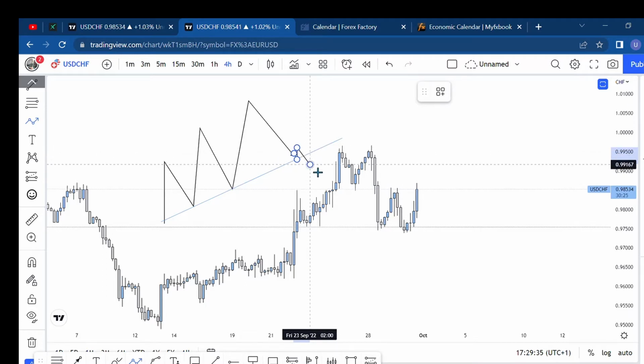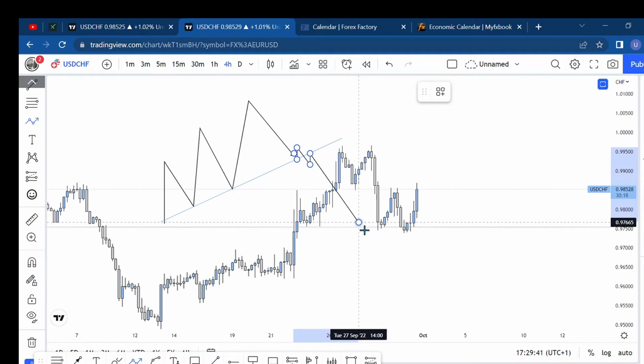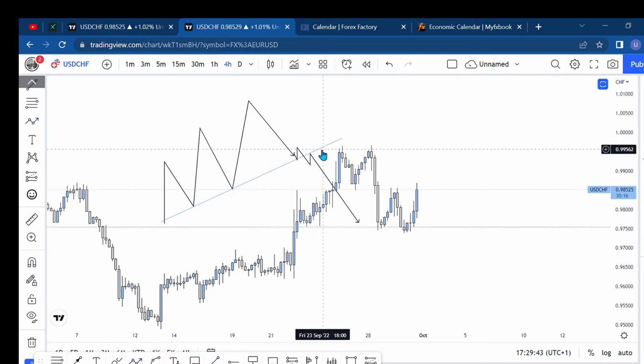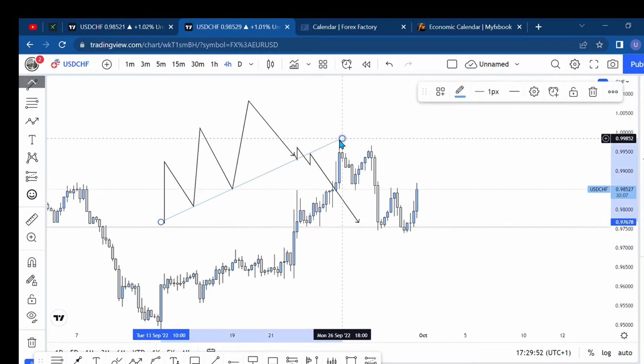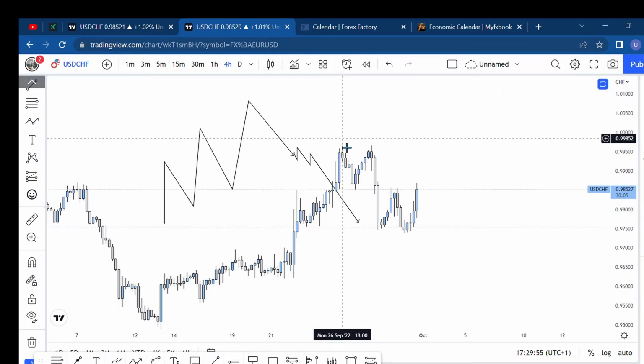When it breaks out, they expect a retest at that trend line to sell. So this will give you a proper entry, that is for them to get a proper entry to what they're doing. So they wait for the retest, then they sell. So I hope you understand what I'm trying to say concerning trend line.